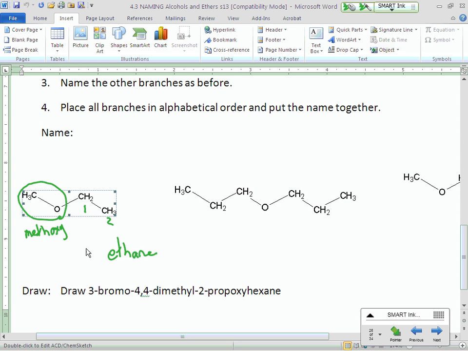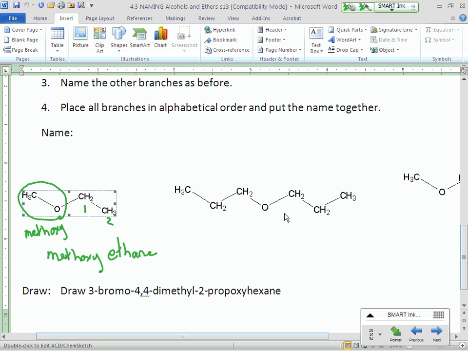Ethane, all right? And in the number 1 position, I have methoxy. Now, if I put it in the number 2 position, that's really the same thing, right? So that's one of those cases where I don't need the number because it's really going to get me the same thing. So this is methoxyethane, all right?